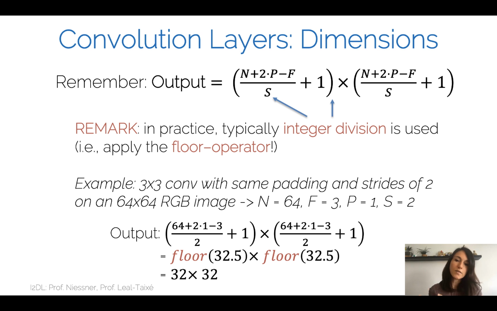So you apply this filter with stride of 2 on a 64 by 64 RGB image. If you use the formula in order to compute the output size, you're going to have an output size of 32.5 multiplied by 32.5. In this case, we always use the floor operation in order to compute the actual output size, which is going to be 32 by 32.